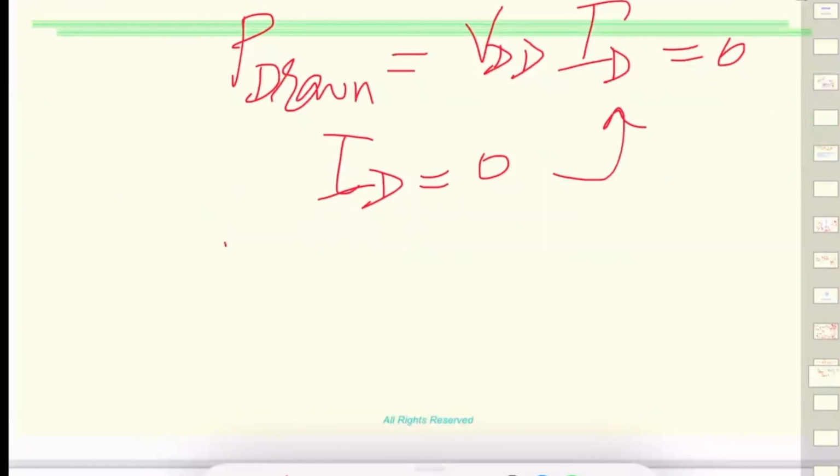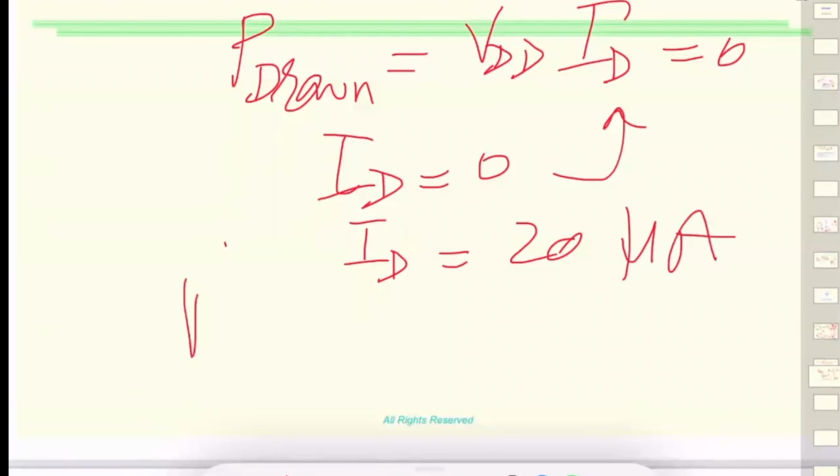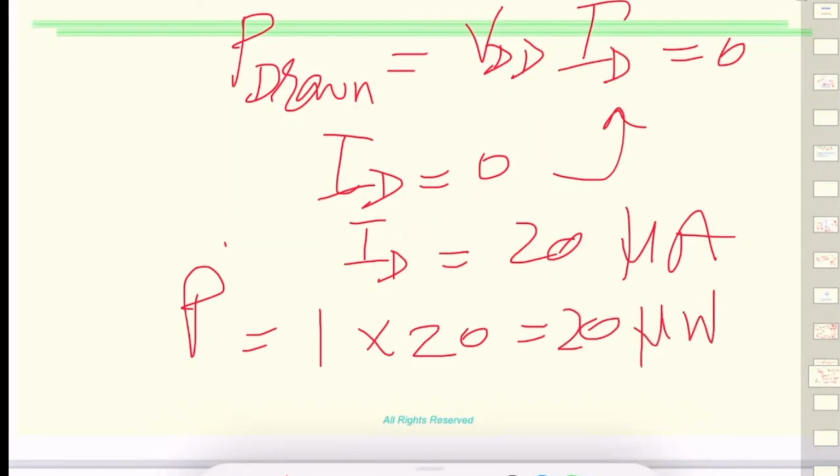But in case when ID is flowing and ID is given as 20 microamp, my power would be VDD, which is 1, times 20, which would give me 20 microwatt. So micro carries through here.